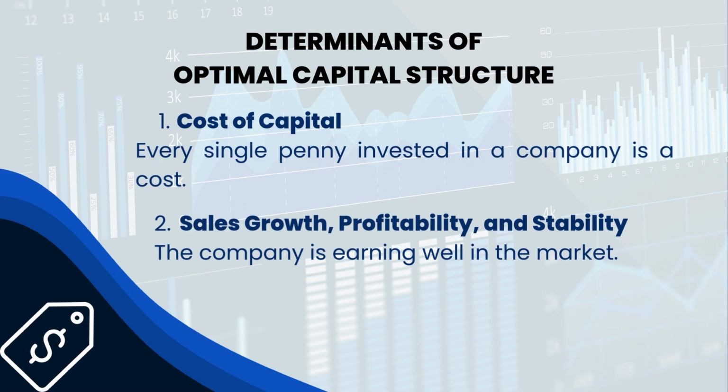Two, sales growth, profitability, and stability. It goes without saying that if the company is earning well in the market, has a customer base, and has a constant demand for its products and services, its goodwill ensures a smooth business run.